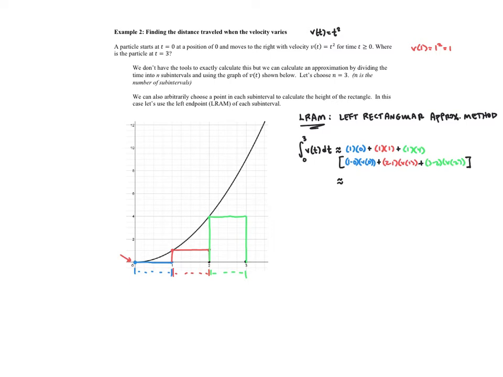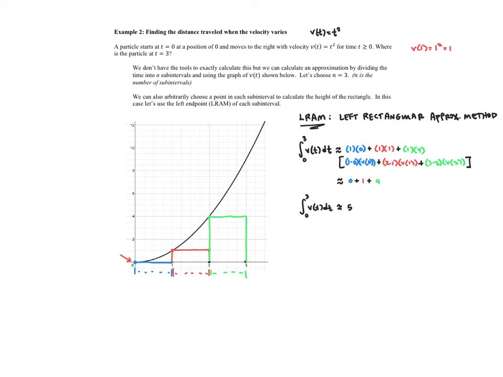The rectangle that I have in blue with a height of 0, that area is 0. I'm going to add that to the red rectangle, which has a base and a height of 1, so the area will be 1, plus the green rectangle, which will have an area of 4. So the approximate area under the curve for v of t dt from 0 to 3 is 5.